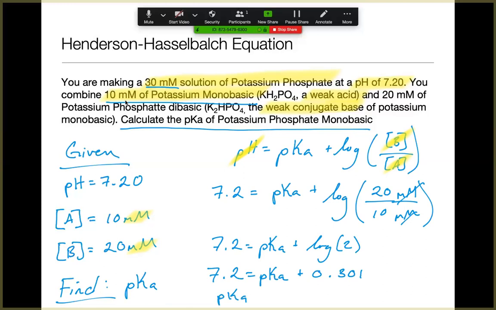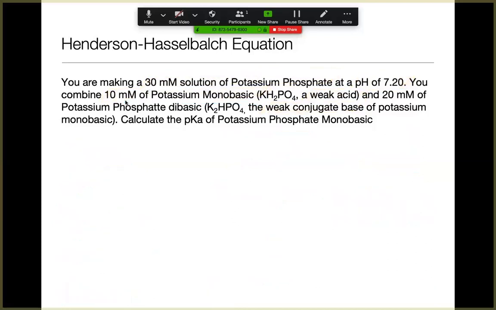Therefore, pKa equals 7.2 minus 0.301, and I get 6.9 with two significant figures. The reason we have two significant figures is that we're dealing with a log, and I started with 2, which has one significant figure after the decimal, so my final answer should reflect that. So that's two representative examples of how to use the Henderson-Hasselbalch equation.